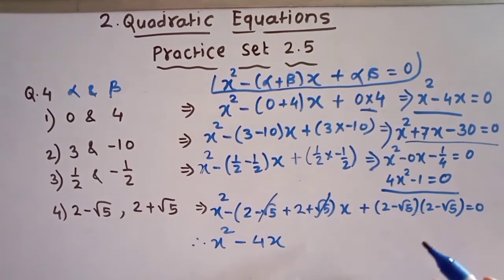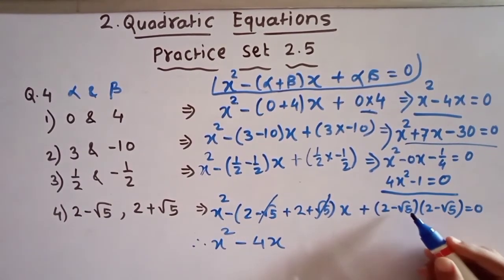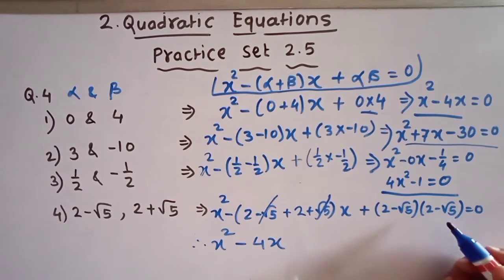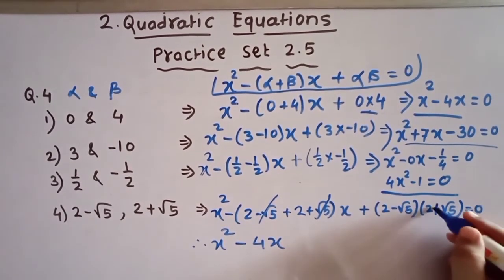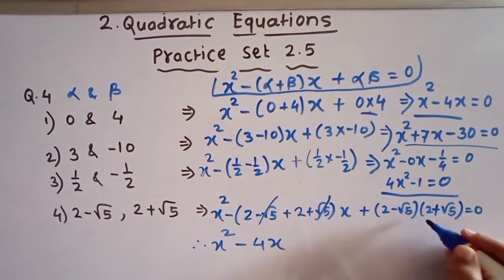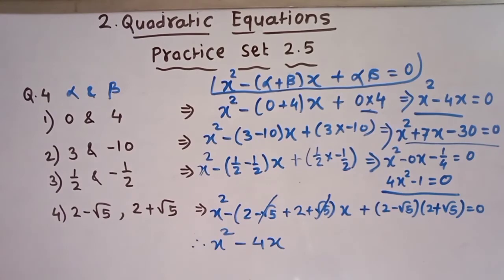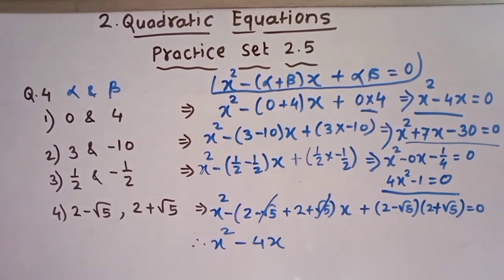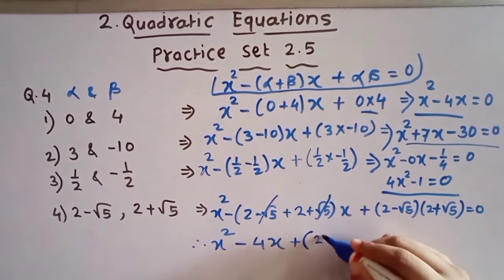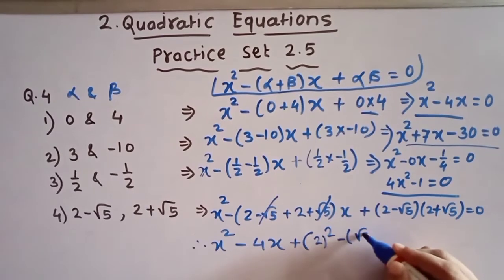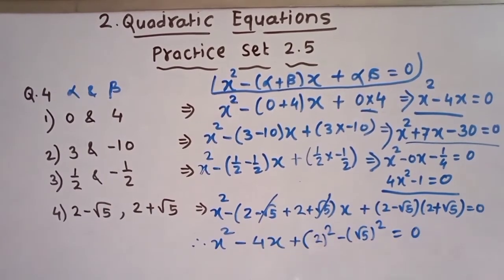Now see here, (2 minus root 5) into (2 plus root 5) is a square minus b square, so 2 square minus root 5 square is equal to 0.